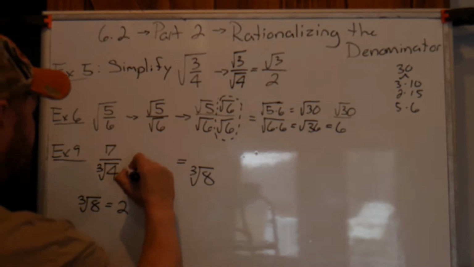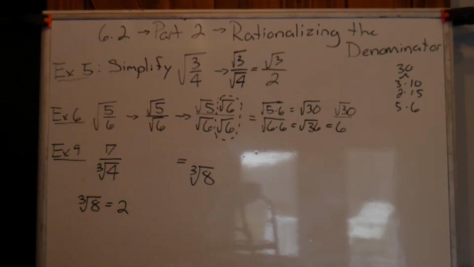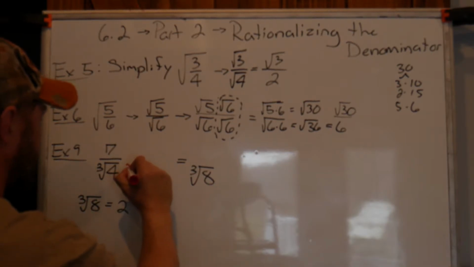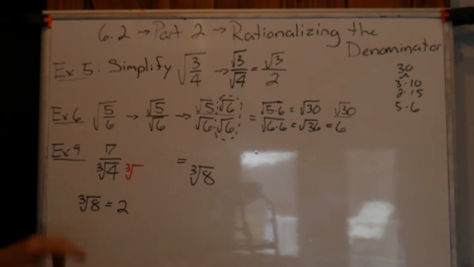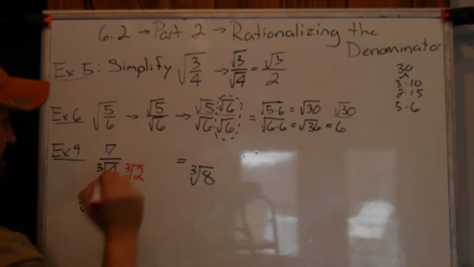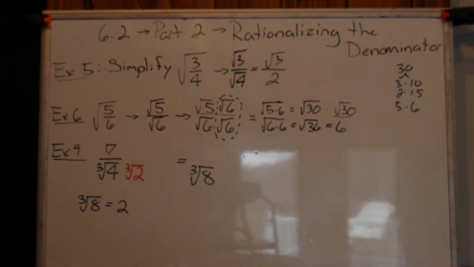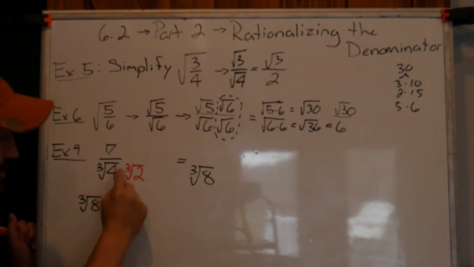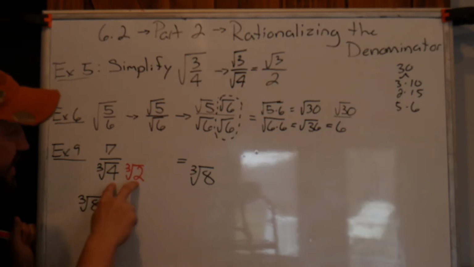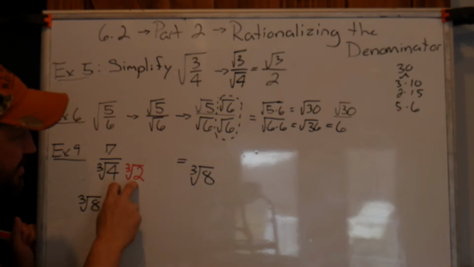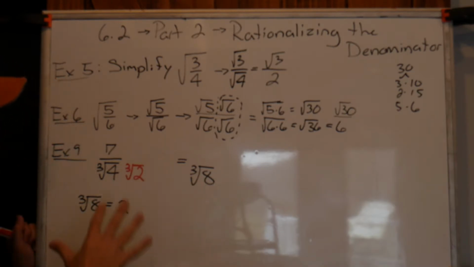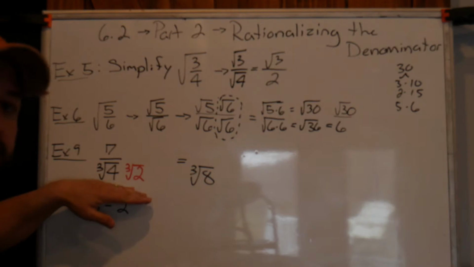So I need to multiply by a cube root of something that will give me 8. If I multiply by the cube root of 2, cube root of 4 times cube root of 2, as long as our index is the same, we can multiply the numbers together underneath. So we need the missing component that will lead to a perfect cube. That's the thought process here.